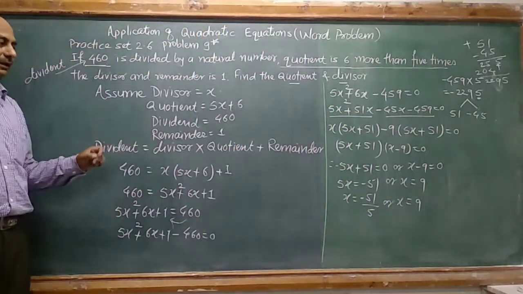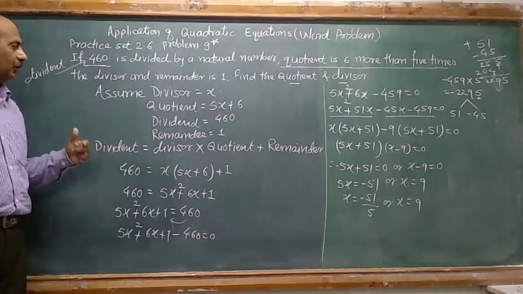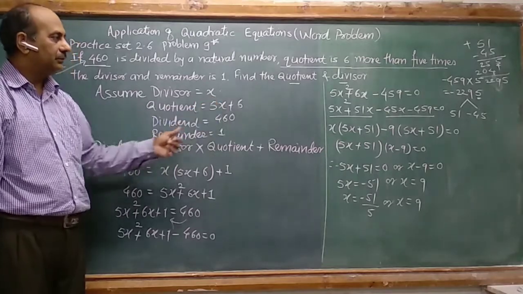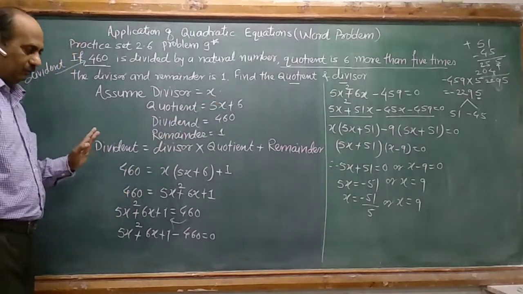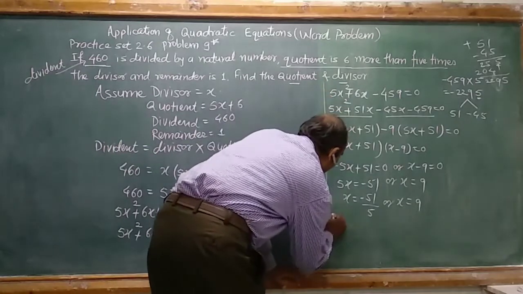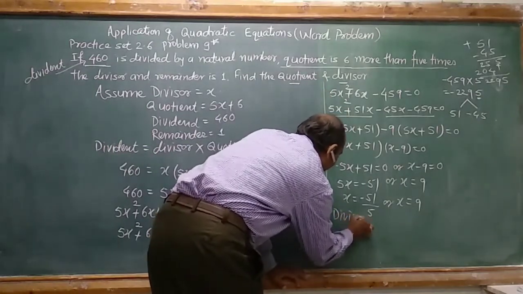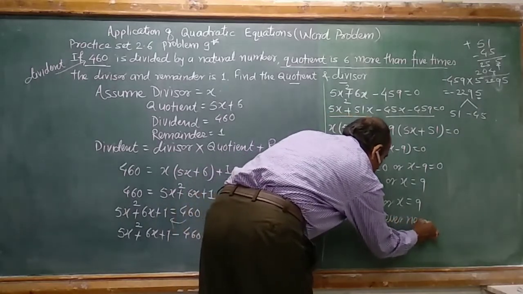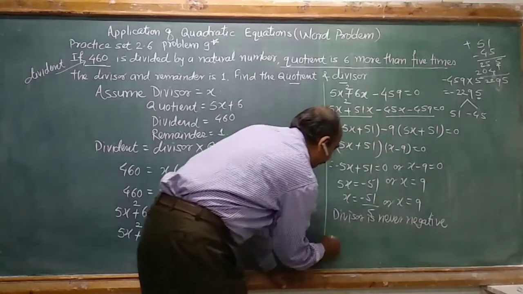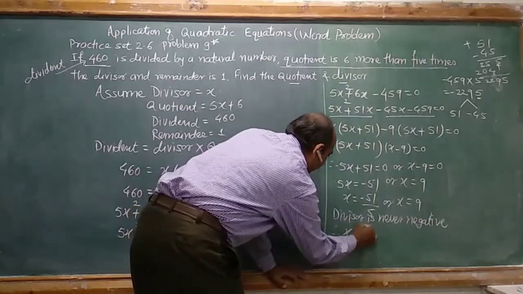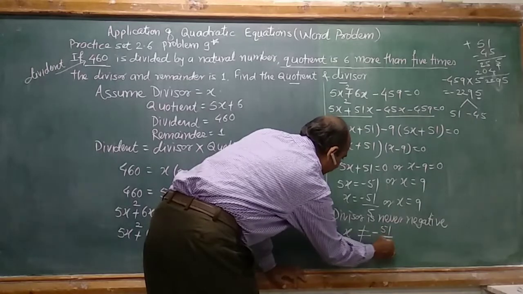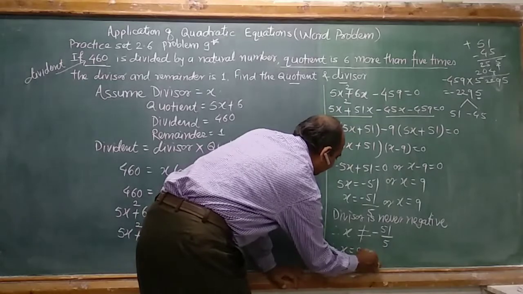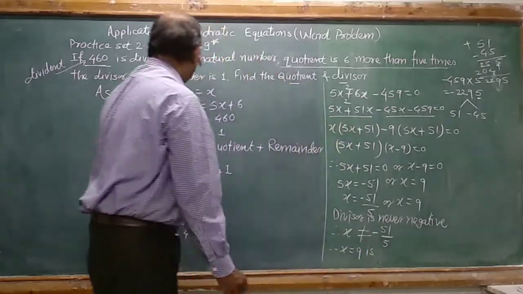Here also we are getting one number negative and another positive. x is the divisor, and the divisor is never negative. Therefore x is not equal to minus 51 upon 5, so x is equal to 9, which is your divisor.